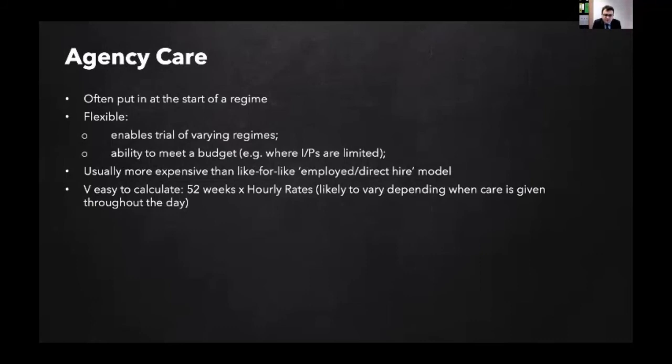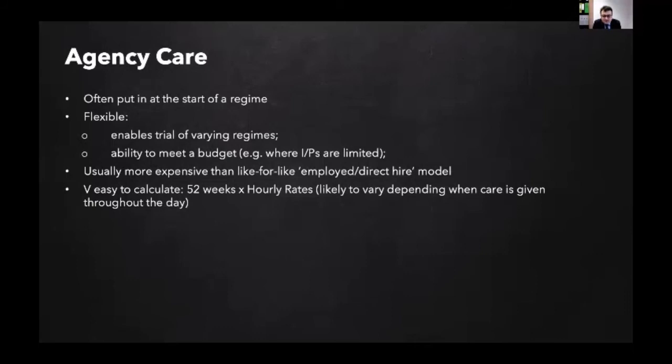And so in most cases, you will look perhaps to trial regimes on an agency basis to start off with, and then move towards direct hire in due course. And indeed, that's exactly what Penny's care expert has recommended, as we'll see in due course.